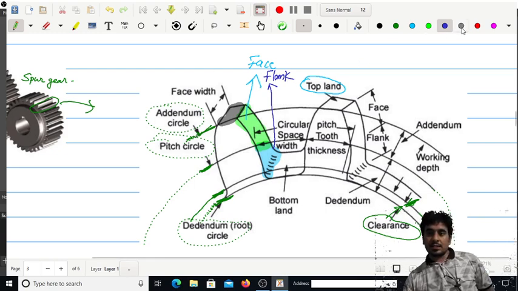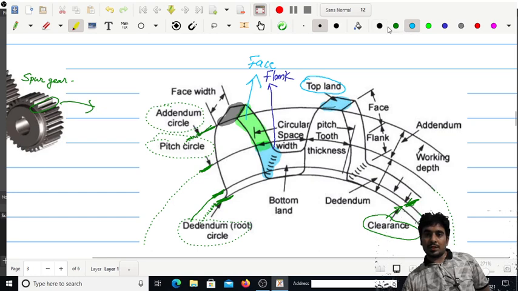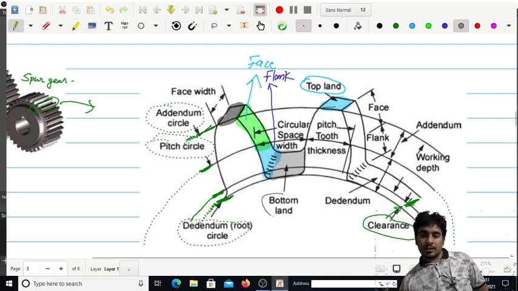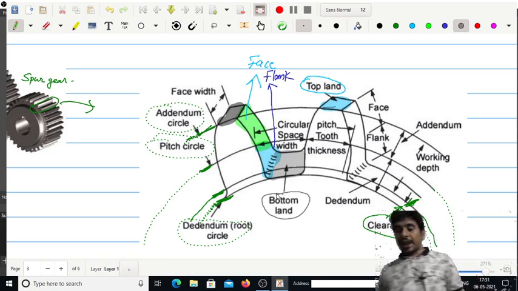Since this top portion of the tooth is known as the top land, the bottom portion of the tooth, this one, is known as the bottom land.